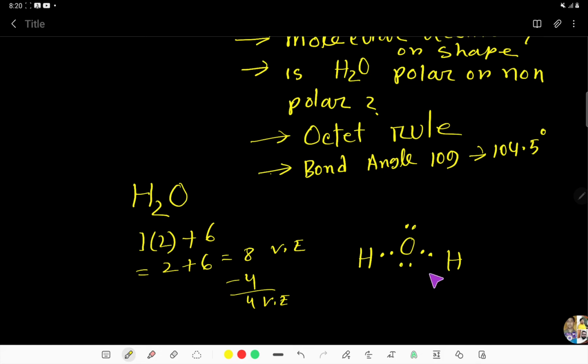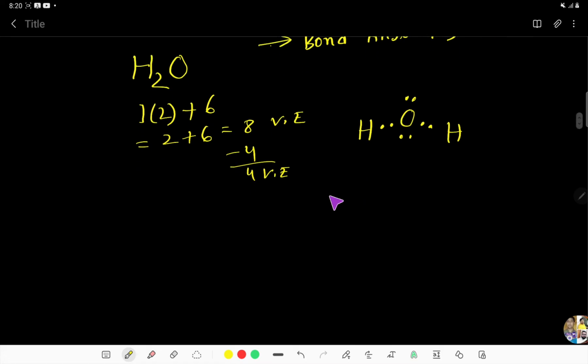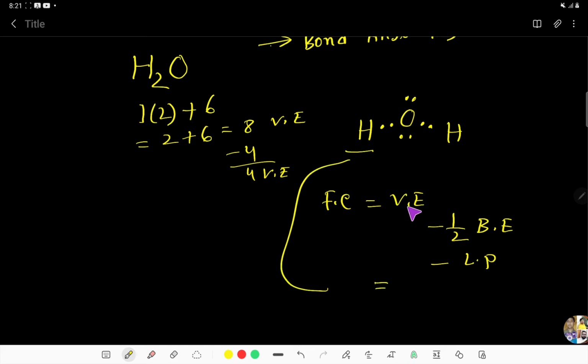Now I am going to show you the formal charge for each atom in the water molecule. Let us find the formal charge for this hydrogen. We know that formal charge equals valence electrons in a neutral atom minus half of bonding electrons minus lone pair electrons, right? Let us apply it for this hydrogen. In a neutral atom of hydrogen, we have one valence electron. Then we have to consider half of bonding.